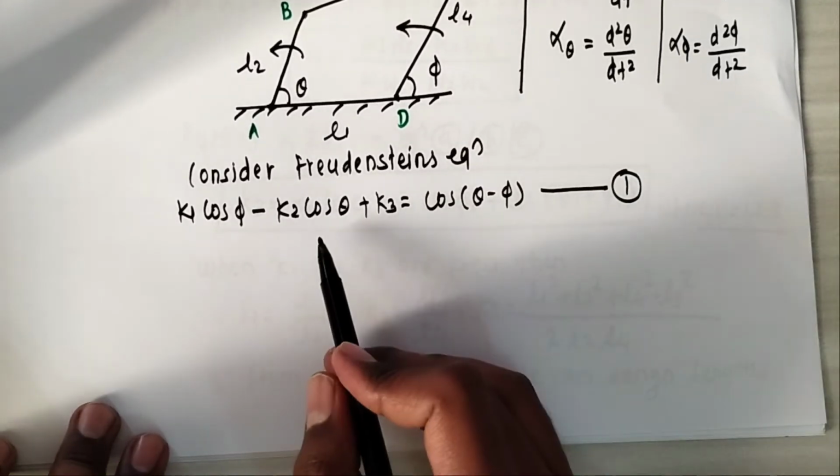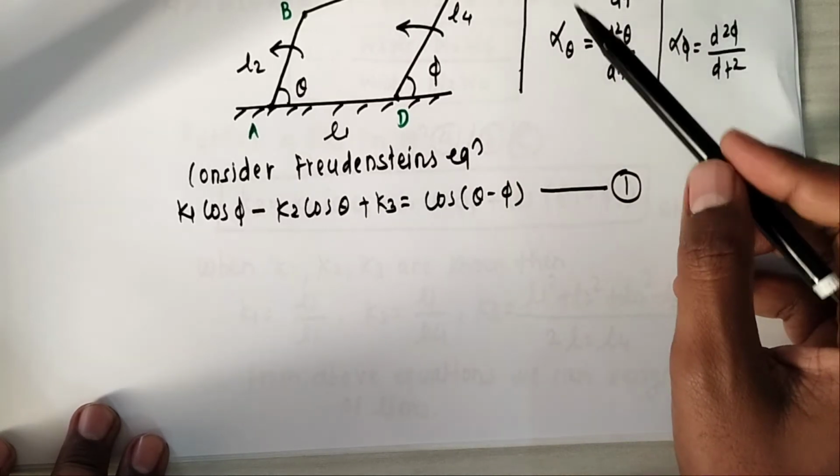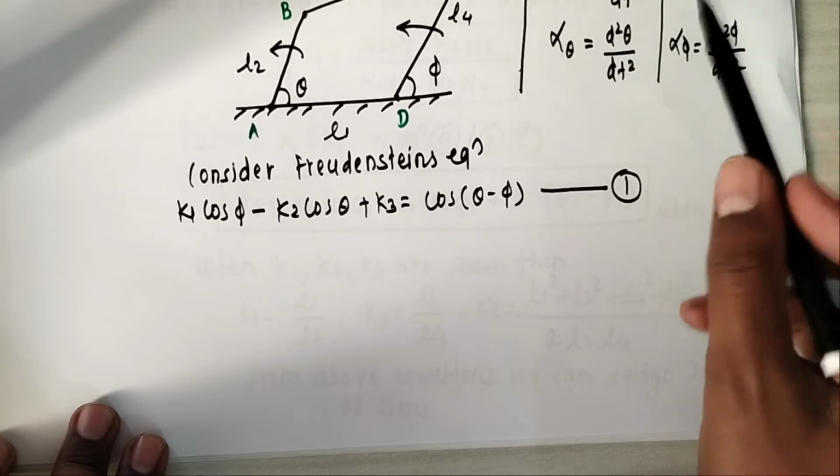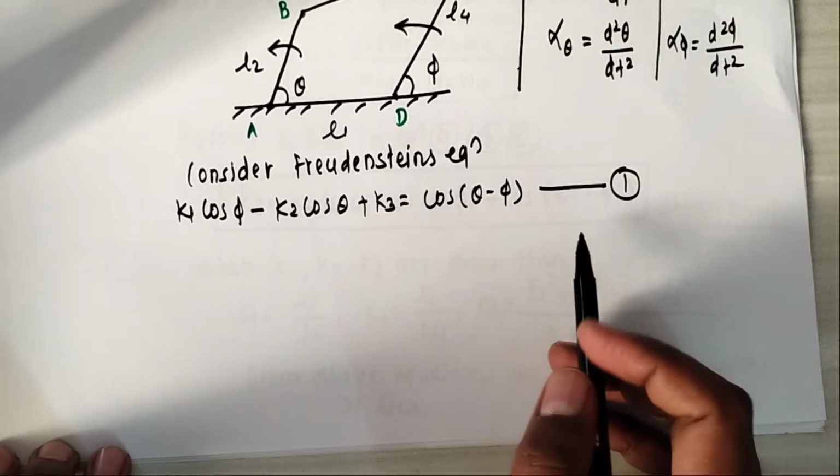Now as we need to find omega theta and alpha theta, that is, we need an equation in terms of omega and alpha, hence we consider the first and second time derivatives of the above equation.